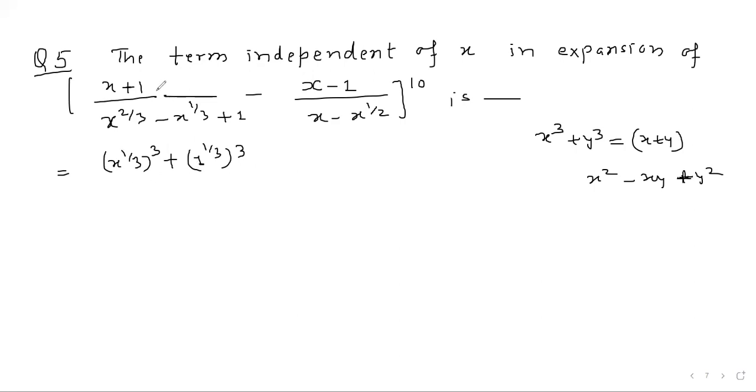So here we are expanding x plus 1. So first, this will become x power 1 by 3 plus 1 times x square minus xy plus y square. It means x power 2 by 3 minus x power 1 by 3 plus 1.